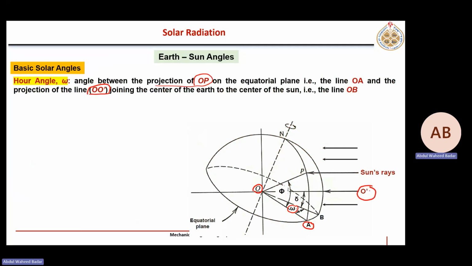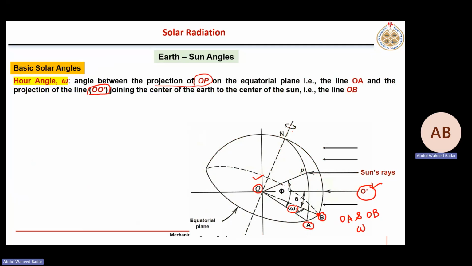OO dash represents the line joining the Earth center with the Sun center, right? And the projection of OO dash on the equatorial plane is OB. So the angle between OA and OB is called the hour angle, and we use this symbol omega to represent this hour angle.